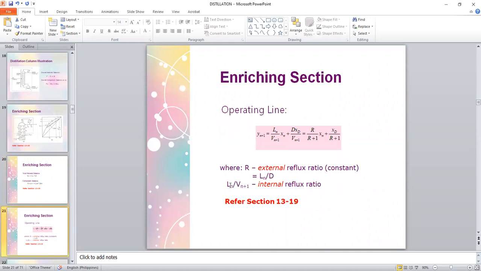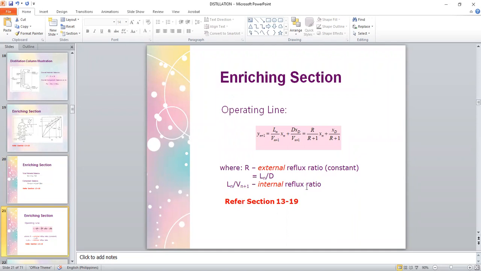We use the external reflux ratio in lieu of the internal reflux ratio, because in the first place we already assume that our line is straight because of constant molal overflow. If it's not straight, then these two will not be the same, the external and the internal reflux ratio.